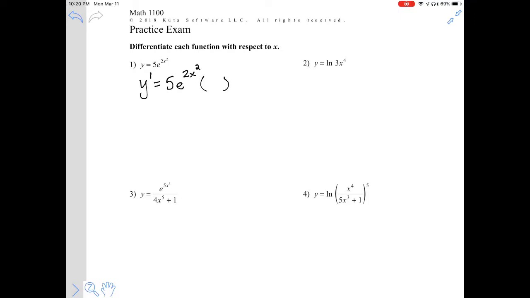And the derivative of 2x squared is 4x, and the 4x and the 5 can multiply for 20x e to the 2x squared.